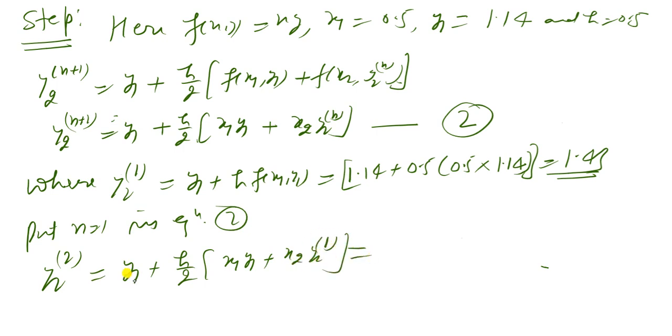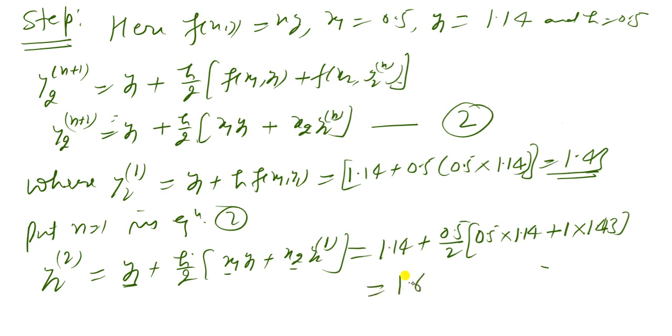Now taking the values of y1, h, x1, x2 and y2 1 here, that is y1 is 1.14, h is 0.5 upon 2, x1 is 0.5, y1 is 1.14, x2 is 1 and y2 1 is 1.43, and simplify this with the help of the calculator, then we obtain 1.64.